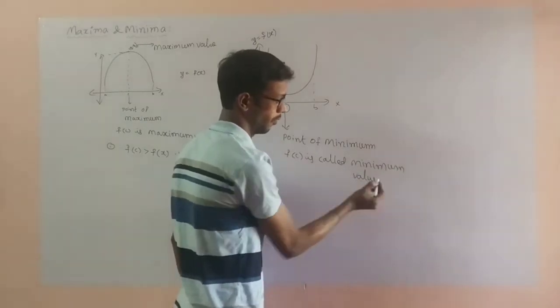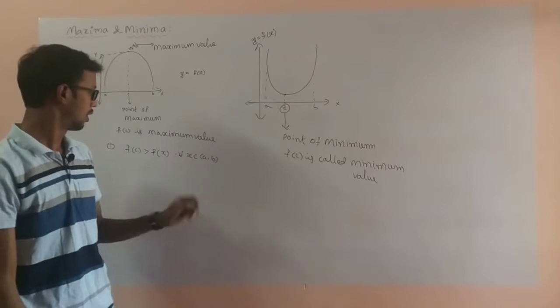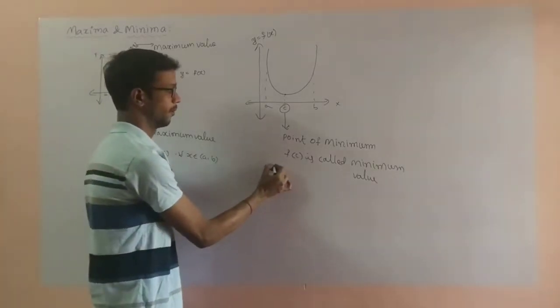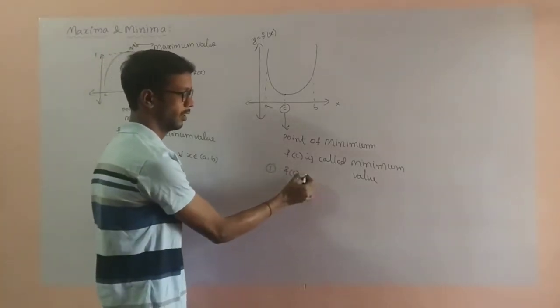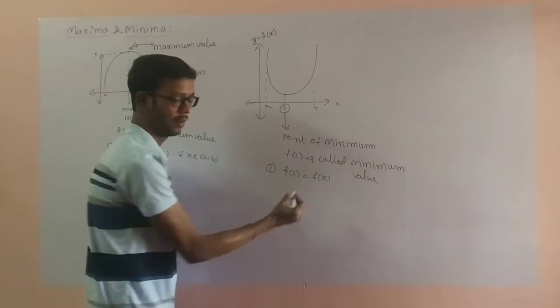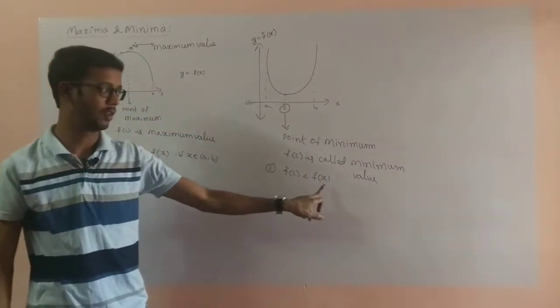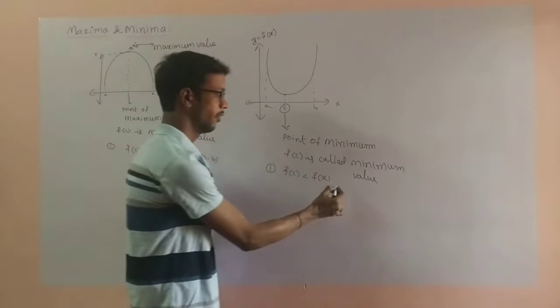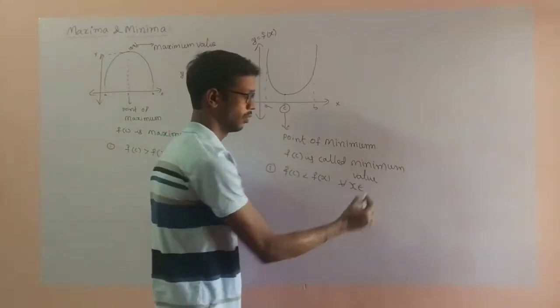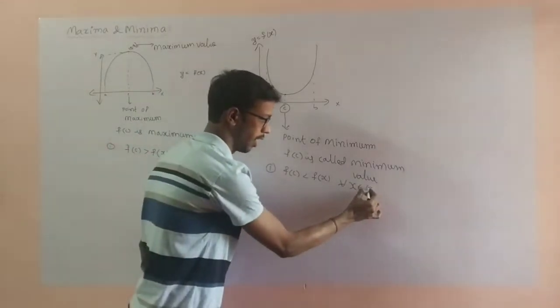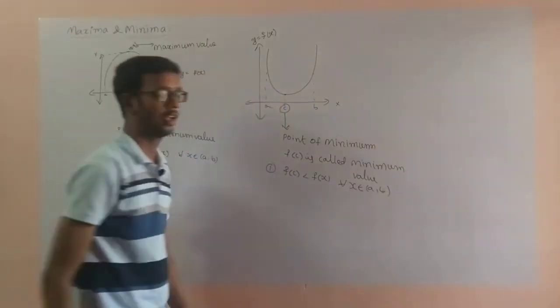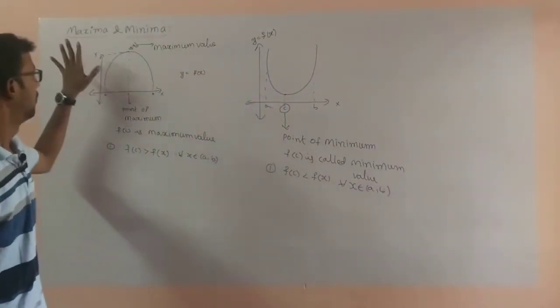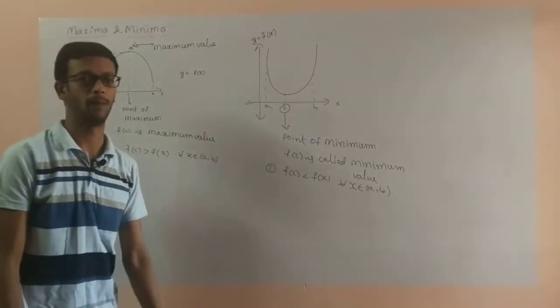So theoretically, how will we write this? f of c is less than f of x for every x belonging to the open interval (a, b). This is the maximum and minimum.